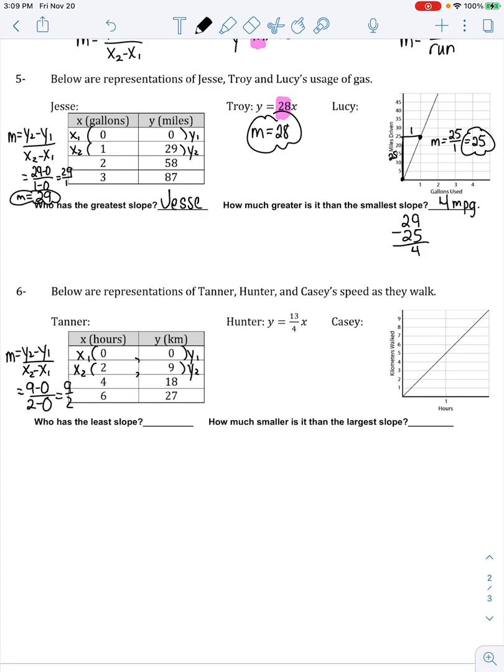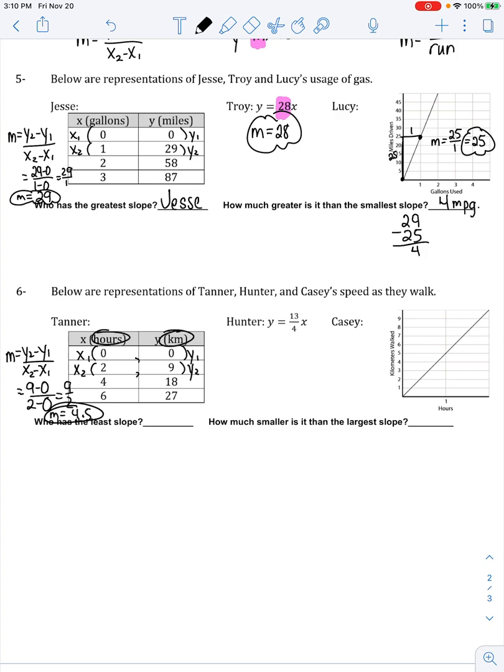So we get 9 over 2. But remember, we're going to divide all of these at the end. So I'm going to type in my calculator 9 divided by 2, and I get 4.5. So Tanner can walk 4.5 kilometers per hour.